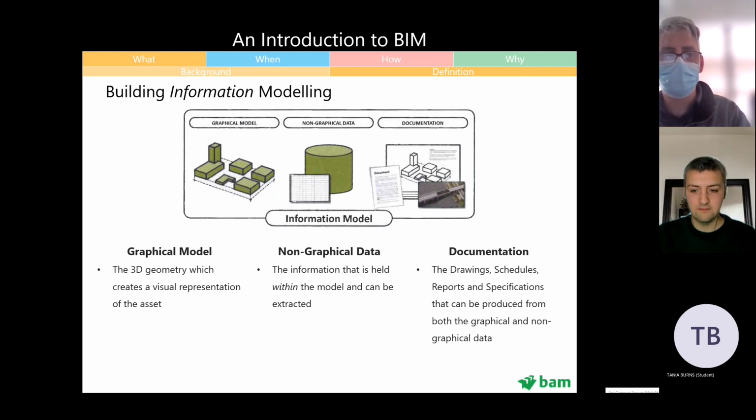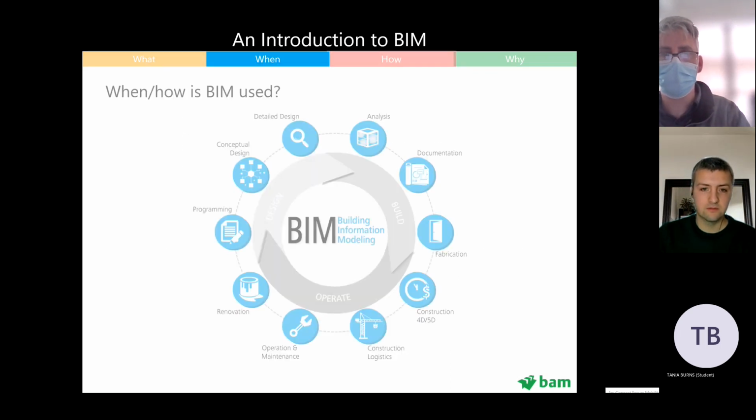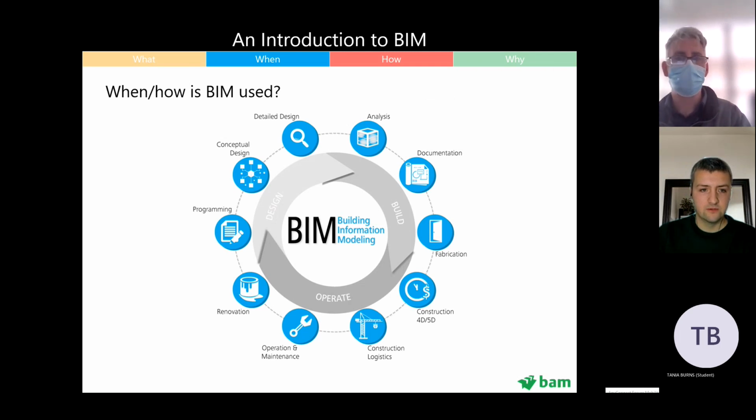So that's a brief introduction to what the 3D side of BIM is and how it works. In terms of when and how BIM, or the model, is used, the answer is just all the way throughout.